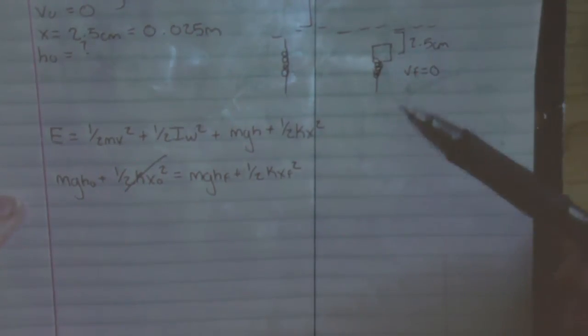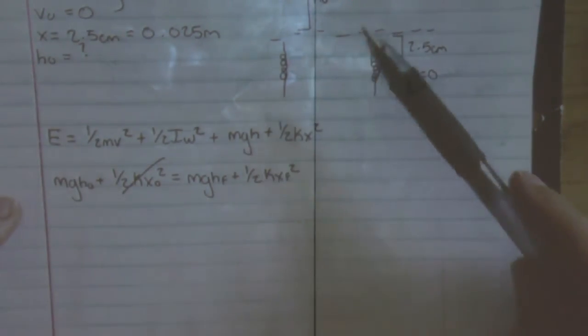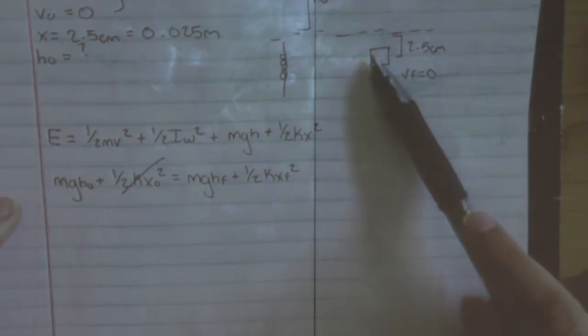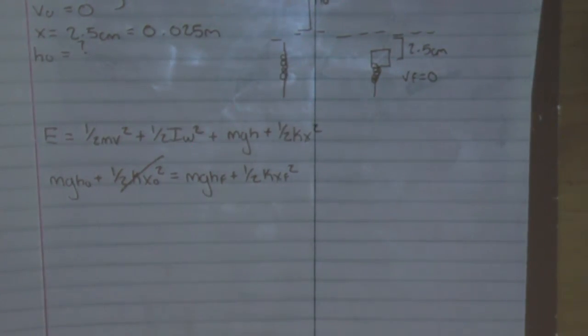But if we said that our h final was 0, then this 2.5 centimeters would also be included in that. So you can do that and subtract 2.5 centimeters away from your final answer. And actually, that's easier, so we're going to do that. We're also going to say that our h final is 0. Just remember that 2.5 centimeters is not included in that h initial, so you're going to have to do a little bit of math afterwards.